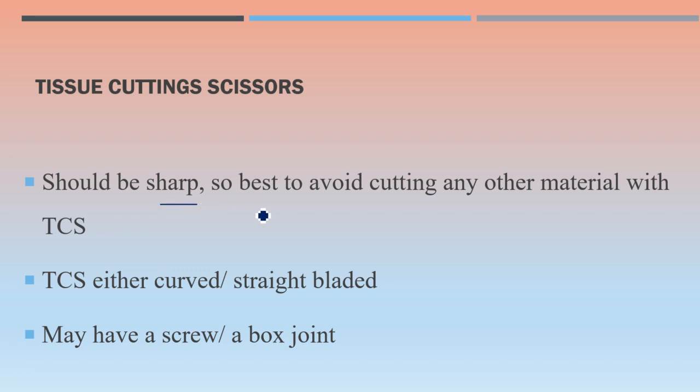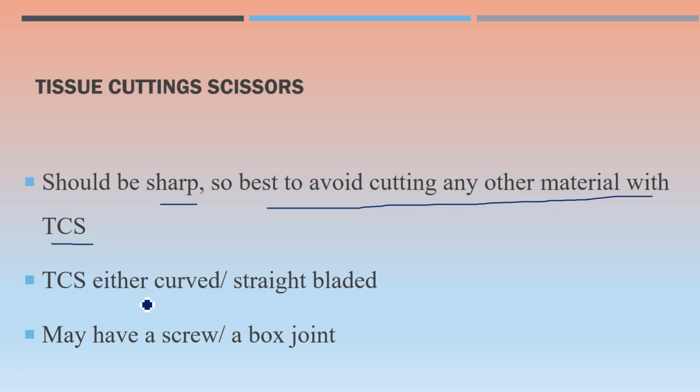They should be sharp, and just to maintain the sharpness, it is always best to avoid cutting any other material with tissue cutting scissors. So don't use this scissor to cut the suture material, the dressings, the Foleys, or any other material. It should be reserved only for cutting the tissues, right?